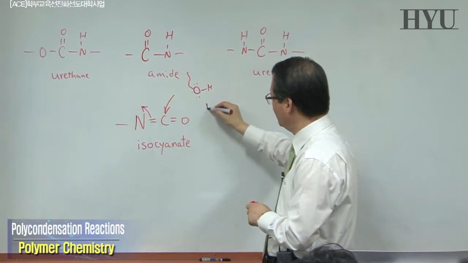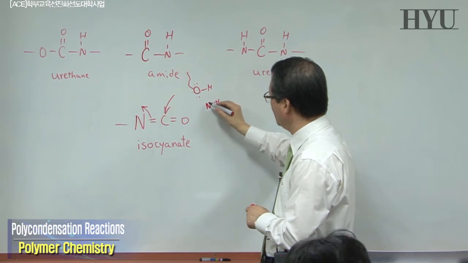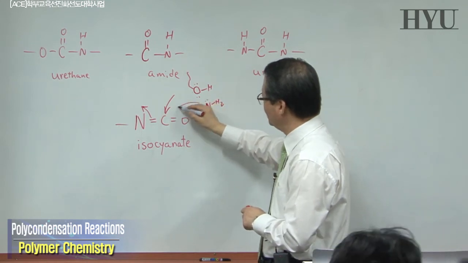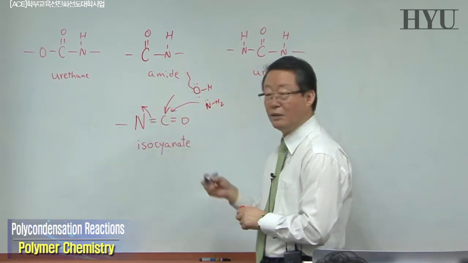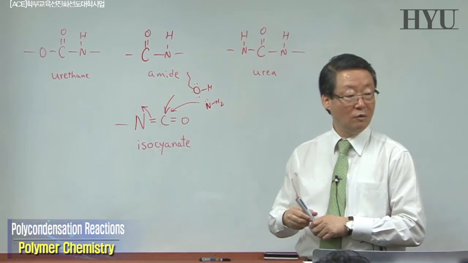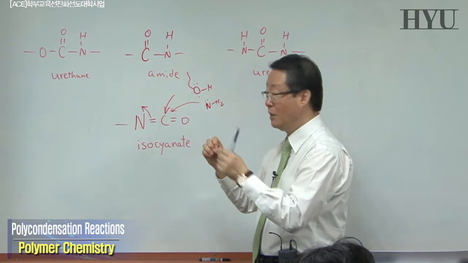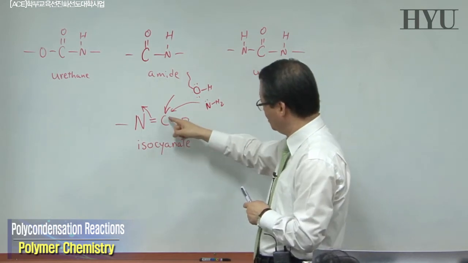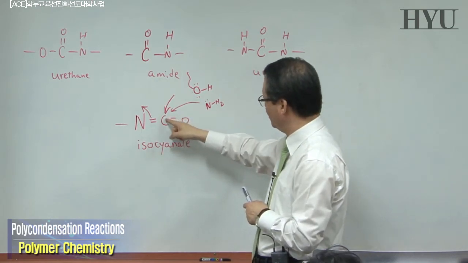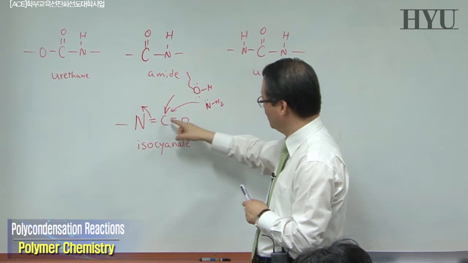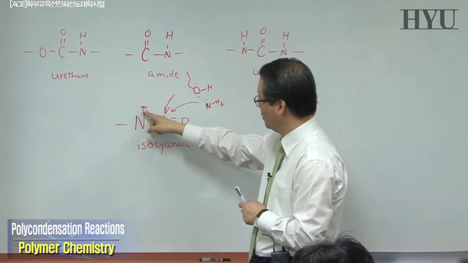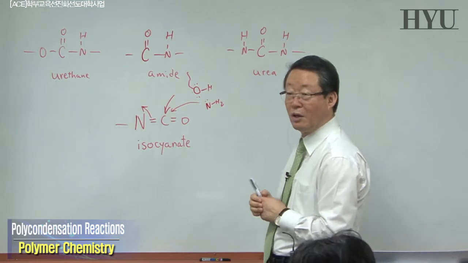Or if you have an amine group instead of alcohol, it will attack this carbonyl, and by the same analogy you open this N double bond C, and N will form an amide group, whereas one more hydrogen will be attached here to form the urea.